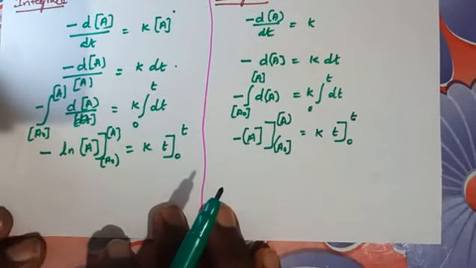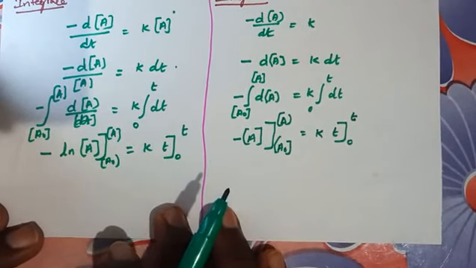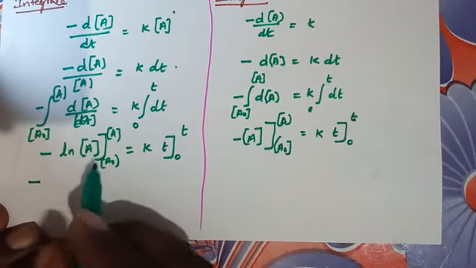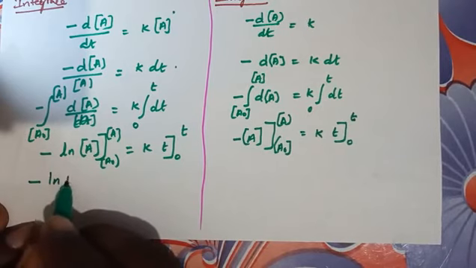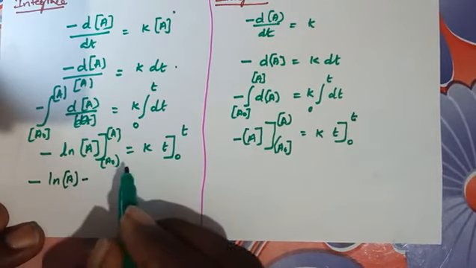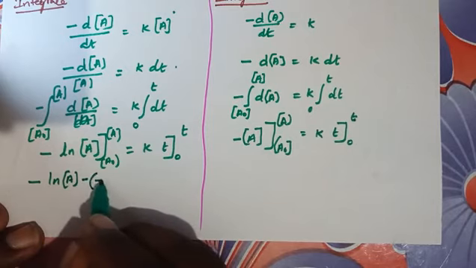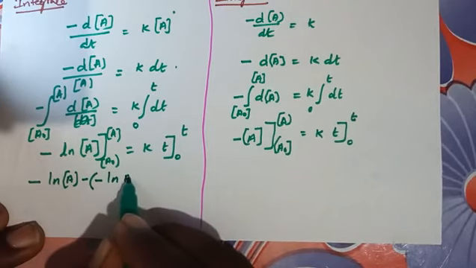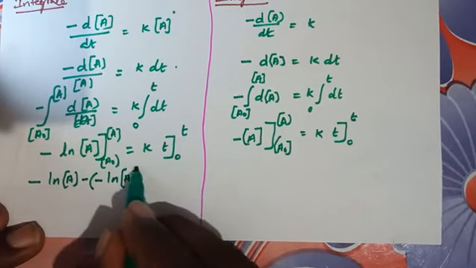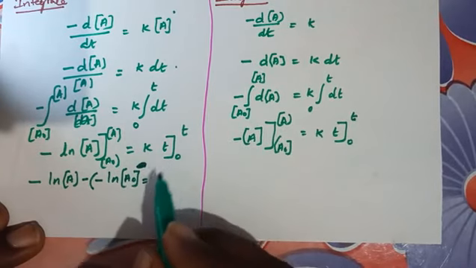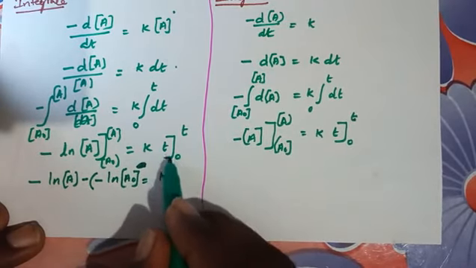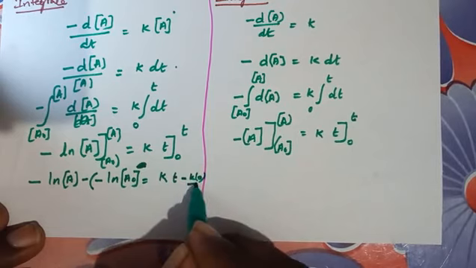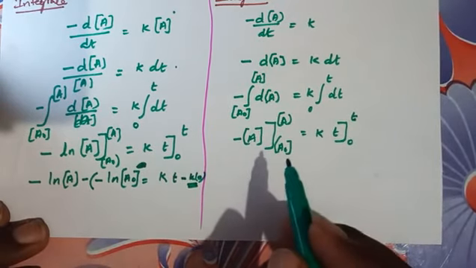Okay, substituting the initial and final values in this equation: minus ln final minus initial, so final value minus ln A concentration, minus of, with one more minus already present in the formula, minus of ln initial concentration A0, which is equal to K into final time t minus K into 0, which is considered as 0.